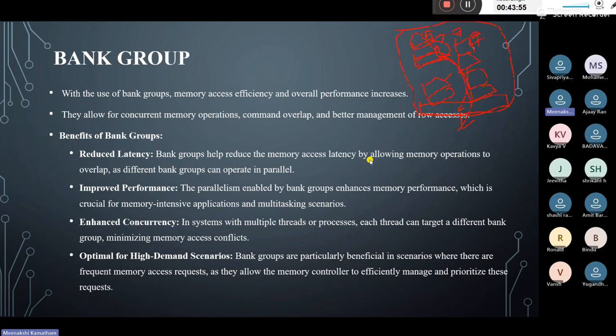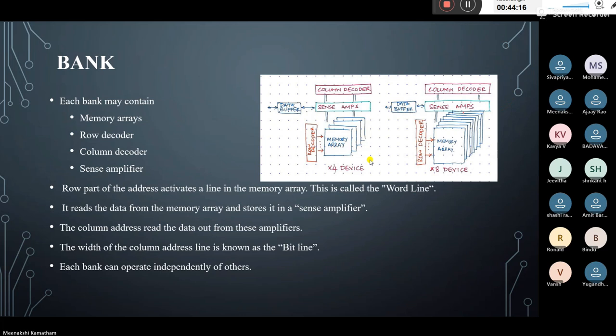The row 9 selection is sent into the bank 1 IO buffer, then row 3 is selected into the bank 2 IO buffer. Then the data present is shared into the shared IO buffers. This is how bank groups work internally.